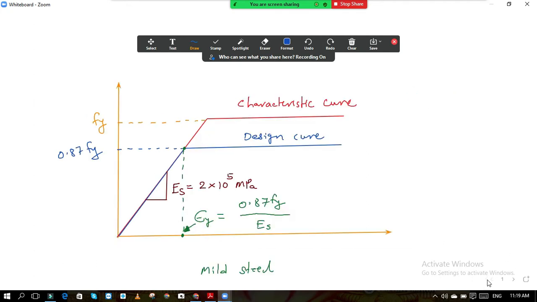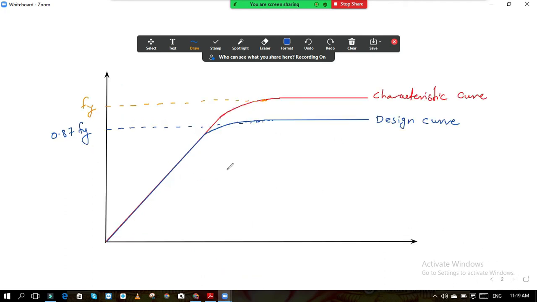In mild steel we easily got this point. There was only one shape change, a change in direction of the graph, but here it is a curve. It is not a linear or non-linear variation.